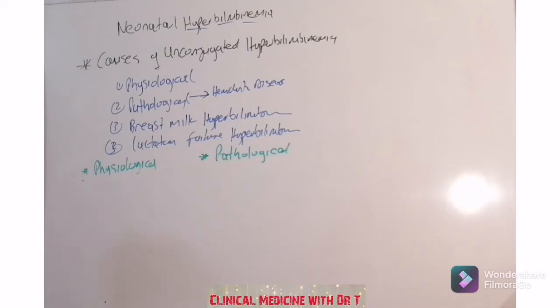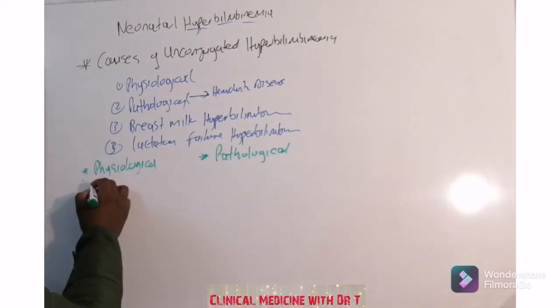Okay, physiological jaundice. It's very common. It's a time of transition. It's normal. There's nothing pathological about it, and we are going to see why neonates get this kind of jaundice.